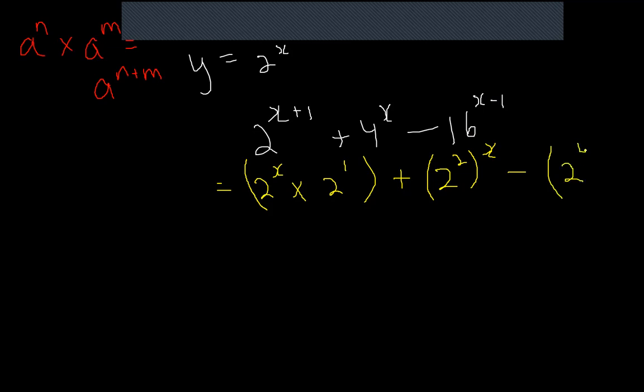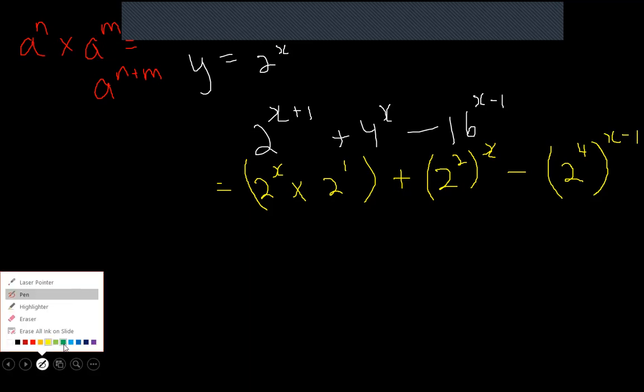All I did was change 16 so it has a base of 2, right? We were talking about bases just now. That's all I did. So 2 to the power of 4, and this whole thing is raised to the power of x minus 1. So this would be my next line.